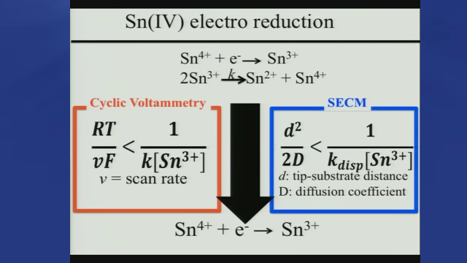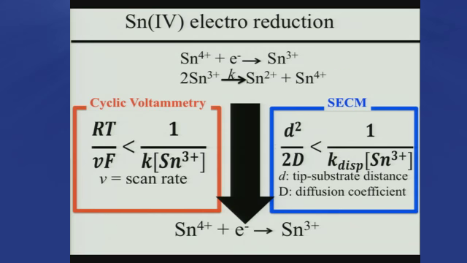So let's look at this tin 4, tin 2. It's the same thing. If I was going to do it by CV, I would have to do it by comparing now. The reaction that happens here is really tin 4 plus an electron goes to tin 3 as the bromide salts. And then this disproportionates. So it goes to tin 2 and tin 4. And so this is really a second-order loss, as one can see when one does the simulation.